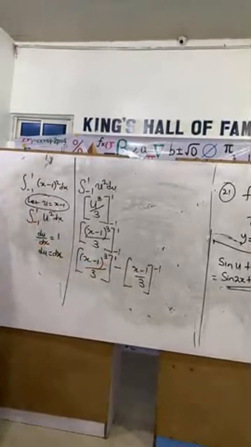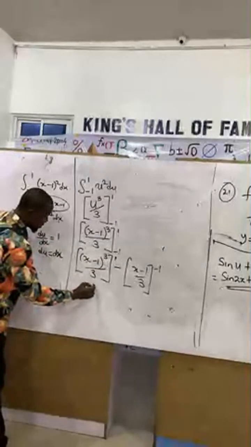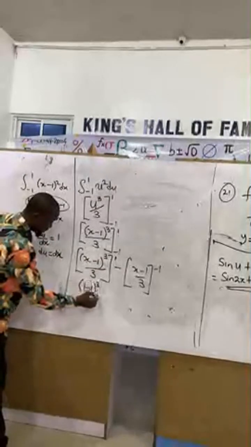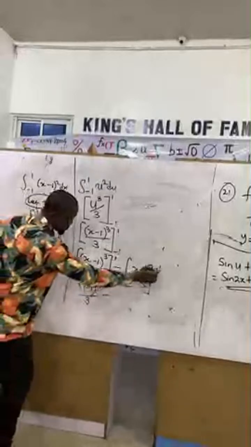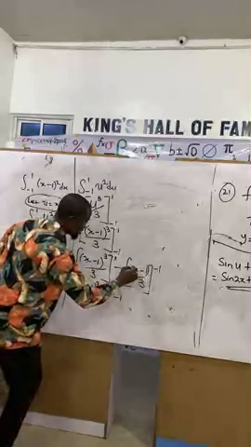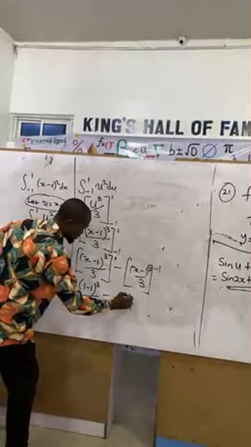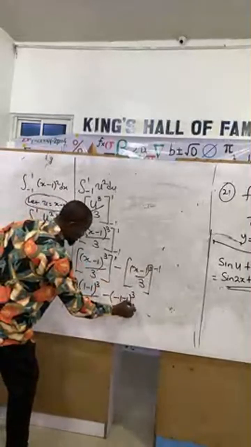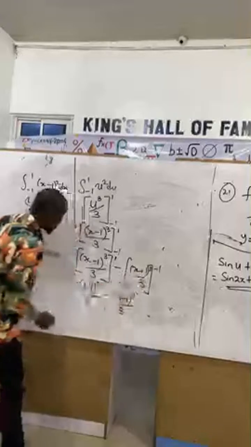So this will now be (1 minus 1) all to the power of 3 over 3. We finish that side. Minus, this was 3 here, minus 1 to the power of 3 over 3. You know to put minus 1 there.